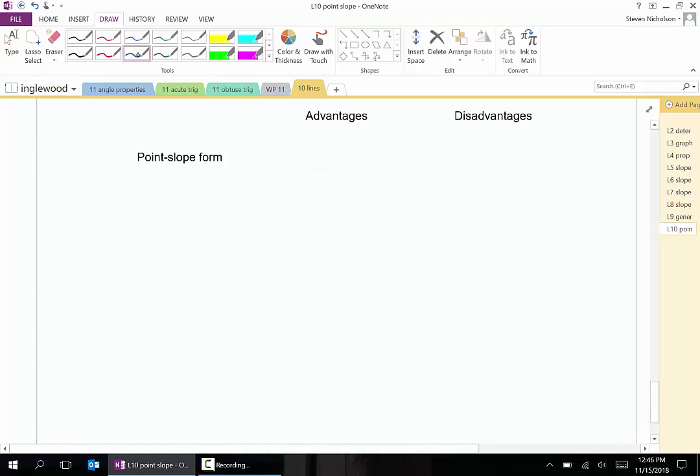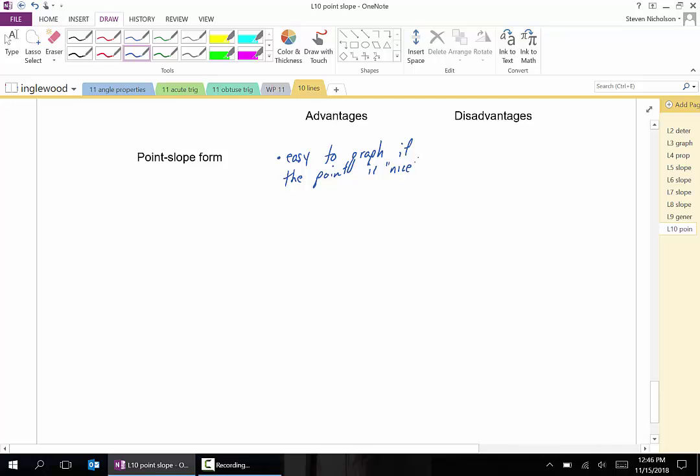So I just want to quickly go over what I think the advantages and disadvantages of this are. Well, again, one of the advantages, it's easy to graph, but it's only easy to graph if you have a nice point. Now, most of the time, they will be.